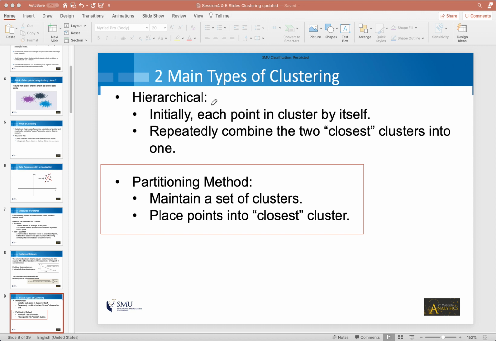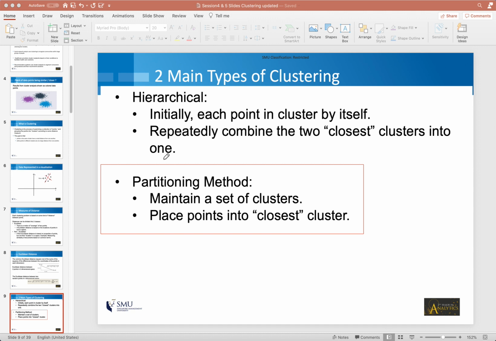In hierarchical clustering, as you see, each point is a cluster in itself, and you repeatedly combine the two closest clusters to form one. In other words, we are going to bring out the hierarchy in the data. Hierarchy represents a structure. What are some examples of hierarchy that you would have encountered? One that comes to mind is an organizational chart.